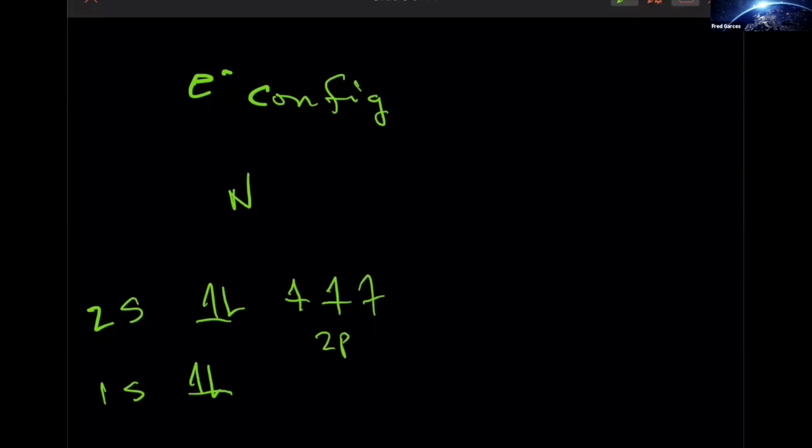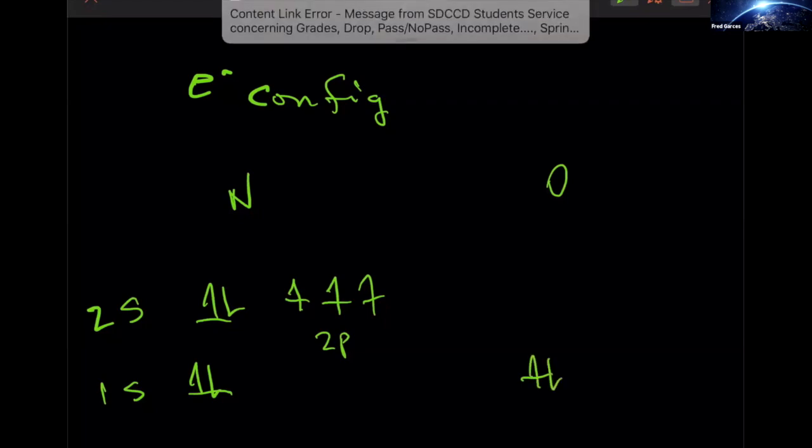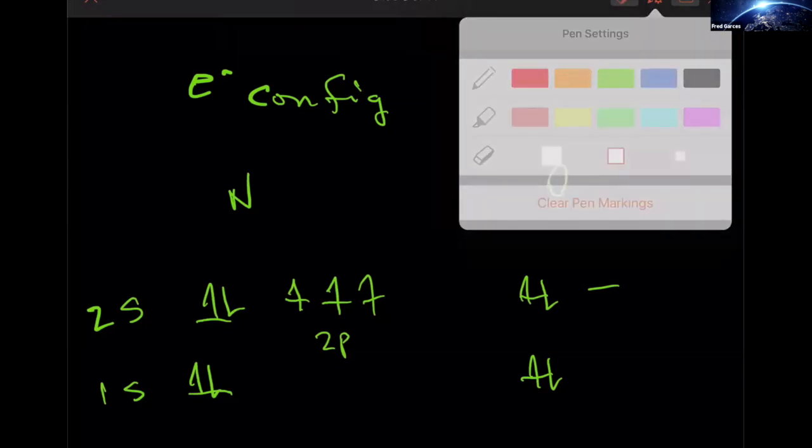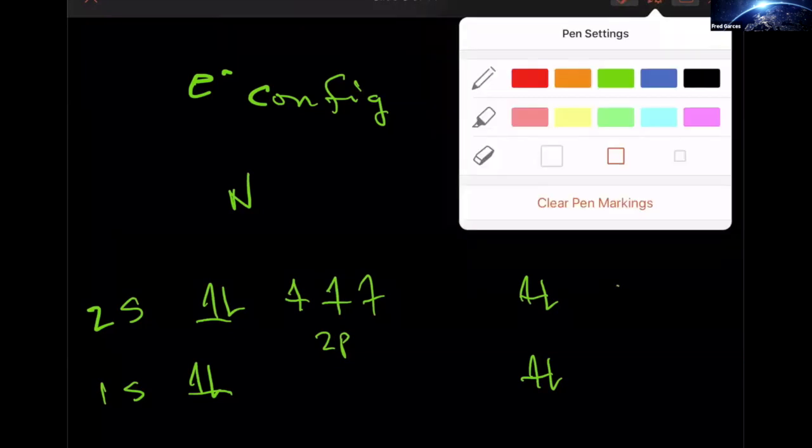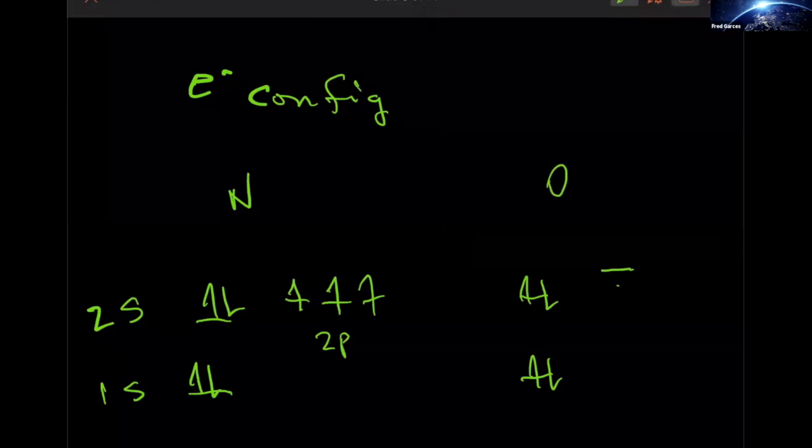This is oxygen right here. Oxygen is going to be the same as nitrogen, except now it has this electron configuration. It's got 1 more extra electron.